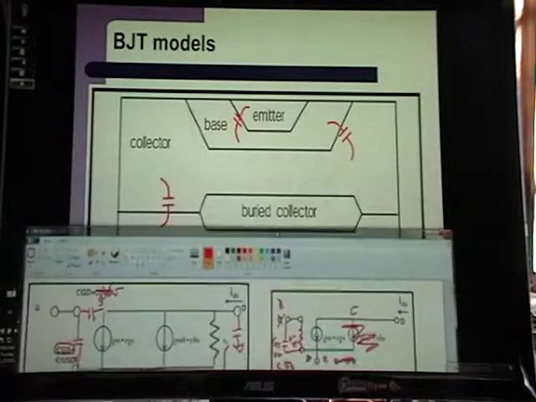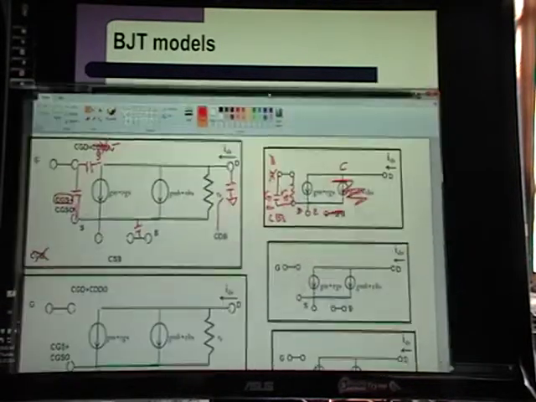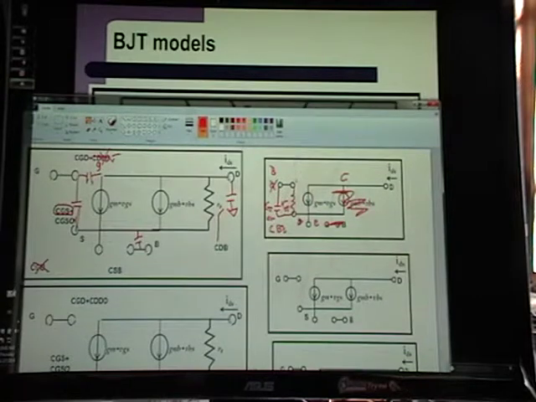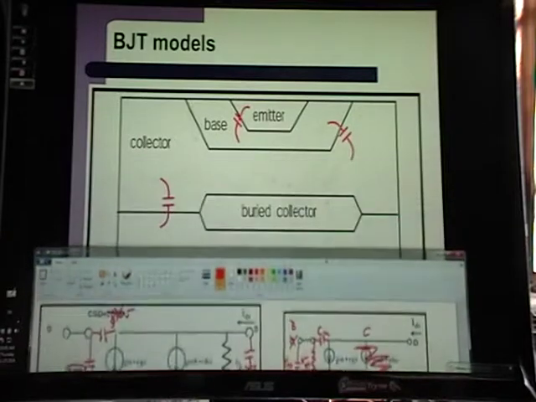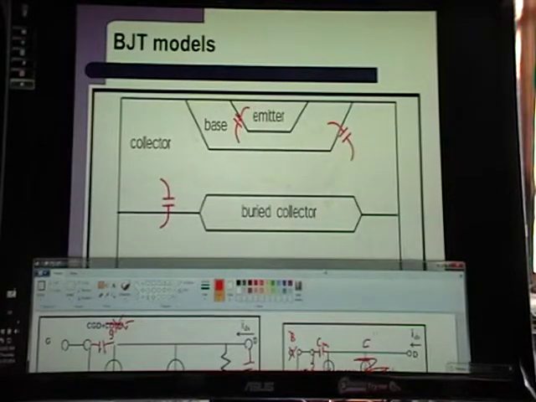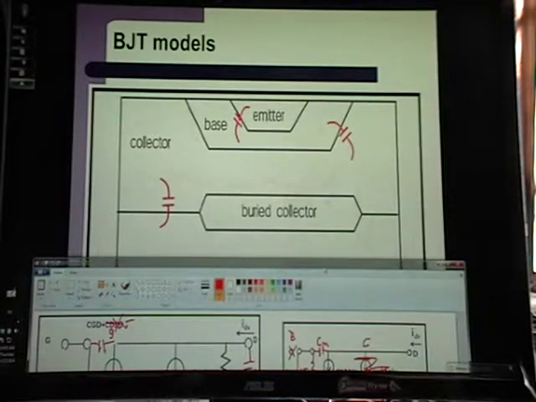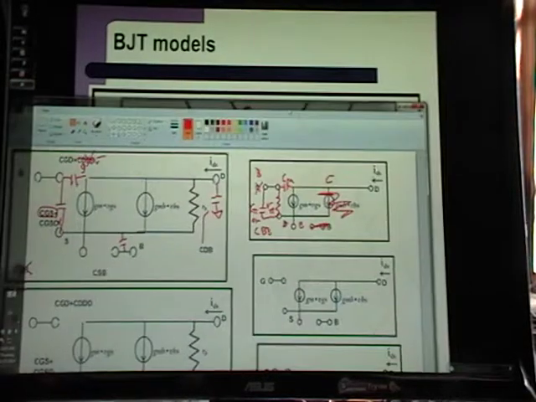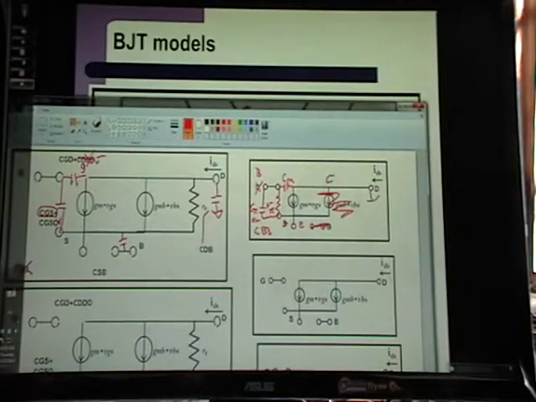And then you also have a base collector capacitance, connecting the base and collector, and that's often called C mu, but I'm fine with you calling it CBC in this class. And then you have another one, collector to substrate, and again the substrate is a DC value.